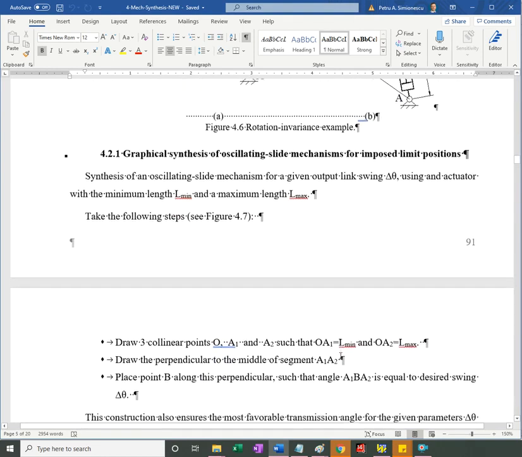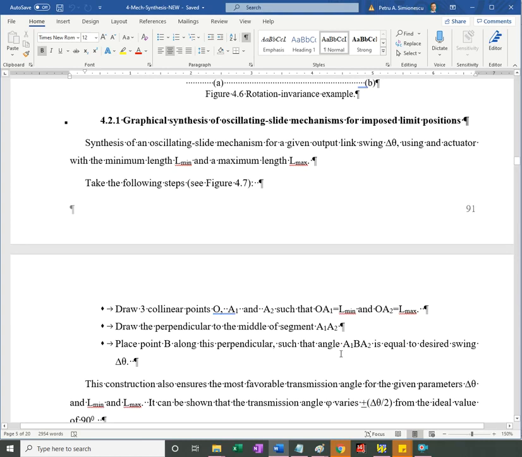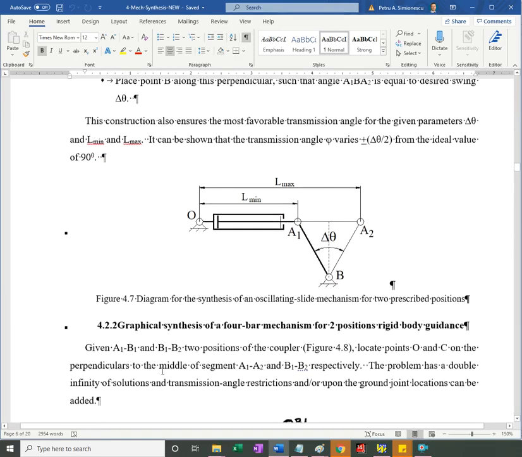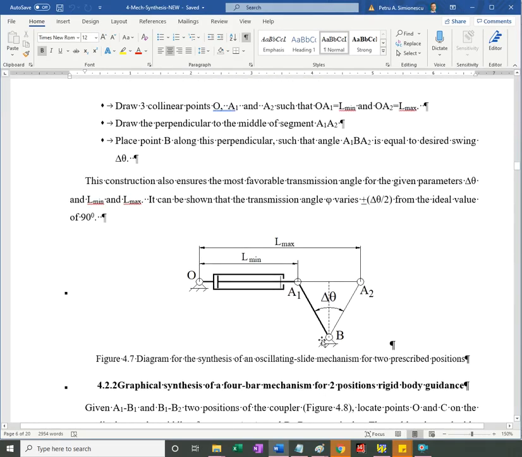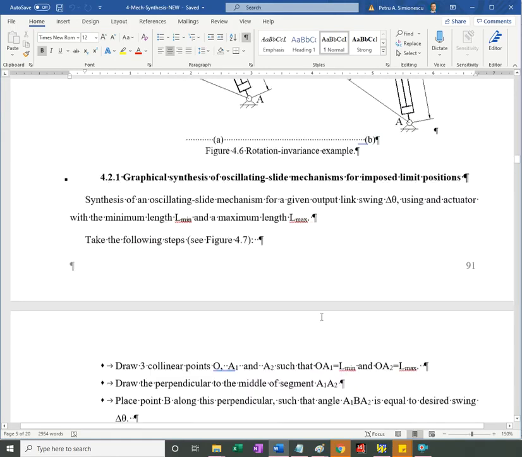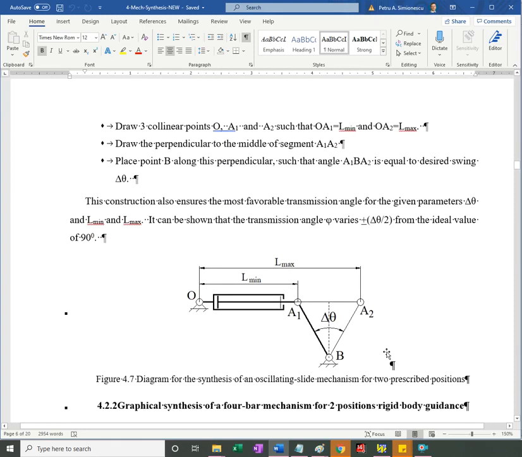Okay, so graphical synthesis. There are some graphical techniques that I included in my notes. So let's look at one that allows us to size a hydraulic cylinder that will have best transmission angles and satisfy the desired angle of swing for a given minimum and maximum length of the hydraulic cylinder, of the actuator.